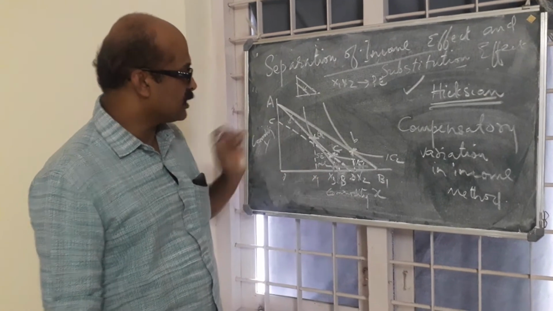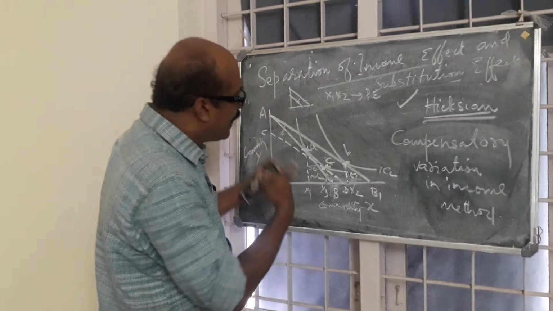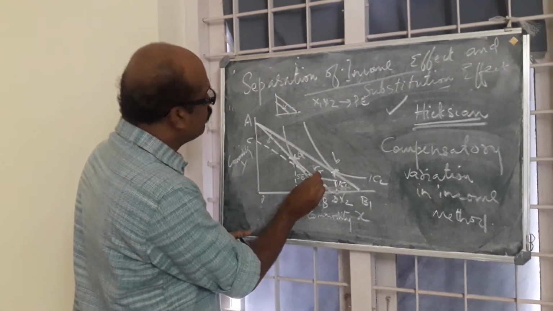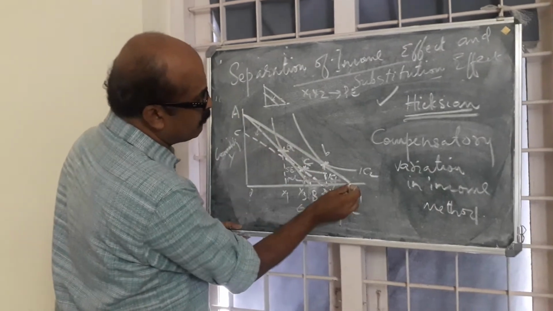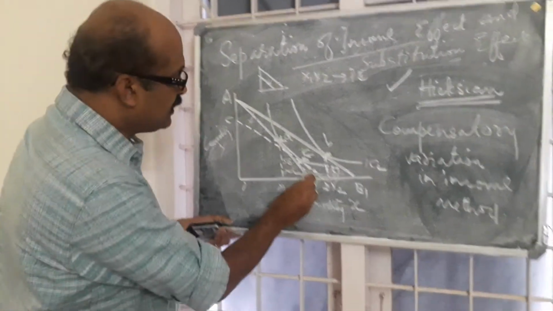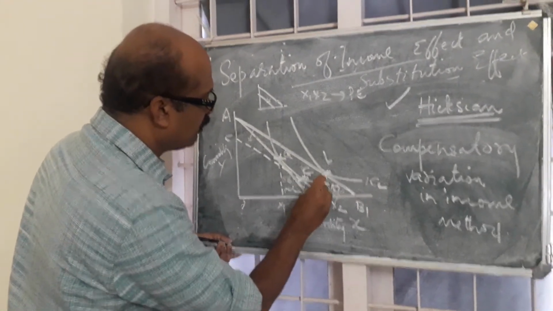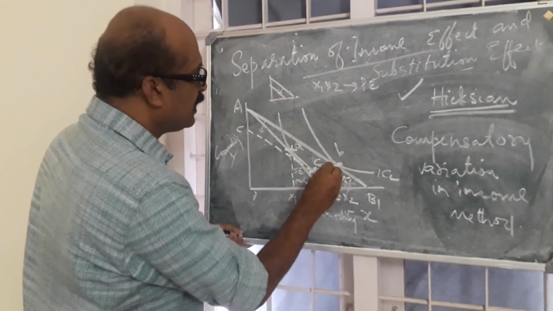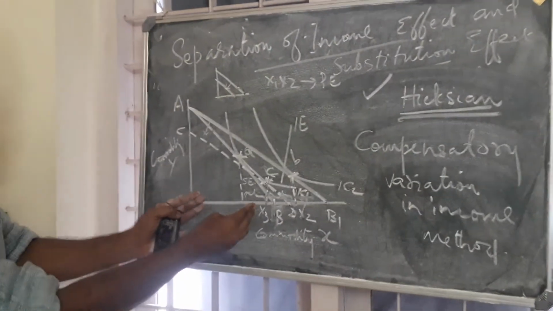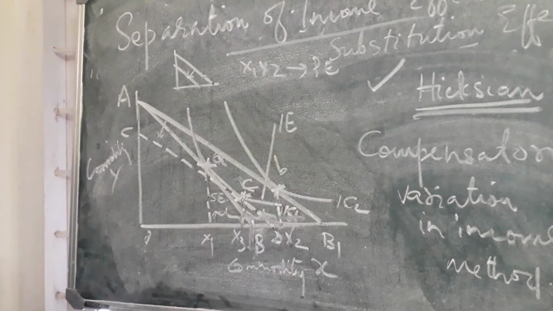This is X1 X3. Now, if you give back the income which was taken away, then he will move on to the new price line AB1. And this difference, X3 X2, or this part of consumption, is the income effect. Because after taking the substitution effect, whatever is remaining is known as the income effect.